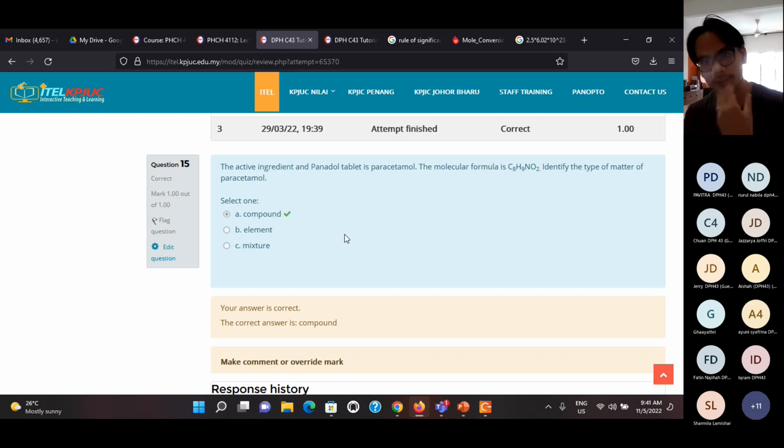Tapi kalau paracetamol, it's made up of carbon, hydrogen, nitrogen dan juga oxygen. Ada 4 atoms of different elements form a bond to make up this molecule of paracetamol. Okay? So remember, a compound adalah a mixture of different elements, different atoms of different elements.